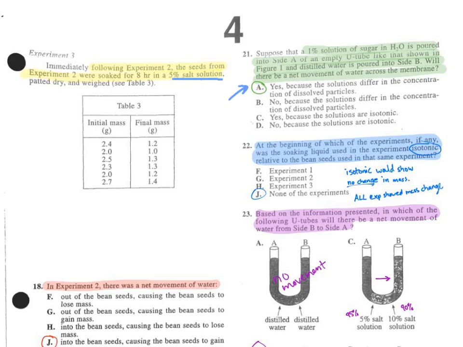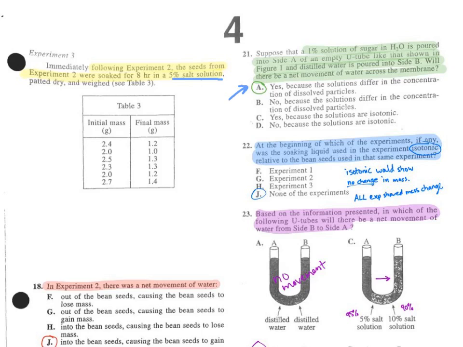Number 22 says, at the beginning of which of the following experiments, if any, was the soaking liquid isotonic relative to the bean seeds used in that same experiment? If something's isotonic, that means the concentrations are the same, which means there wouldn't be any movement, so it would show no change in mass.